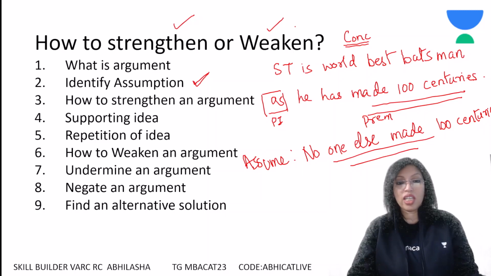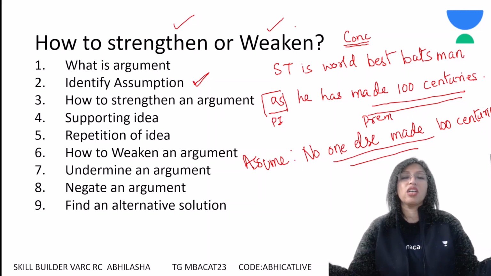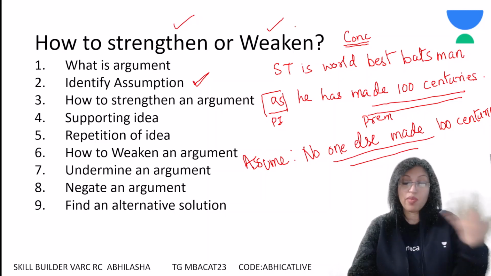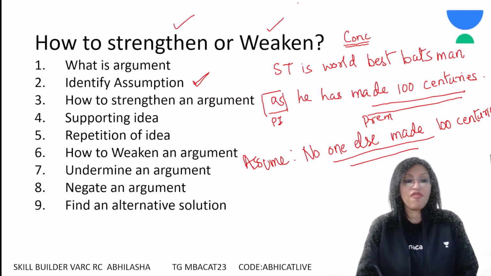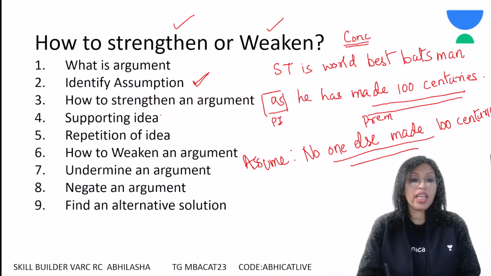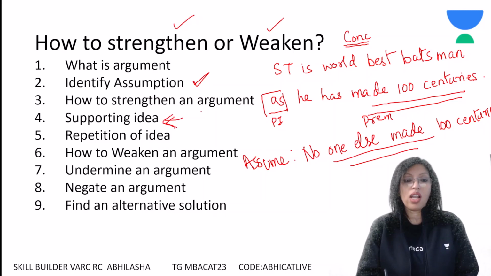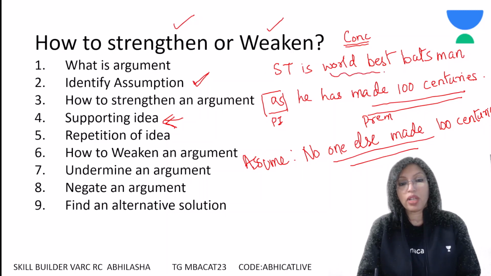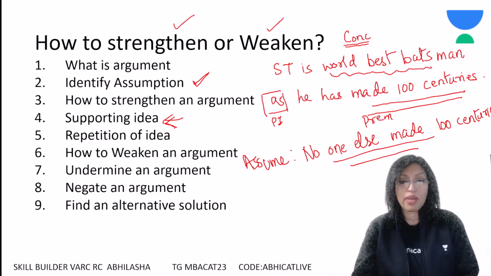I can also say that Sachin is the youngest person in the world to have joined the Cricketers Hall of Fame or some such statement. So I can find many supporting ideas which will all go on to prove that Sachin is the world's best batsman. So anything that goes on to prove that can be a strengthening argument.